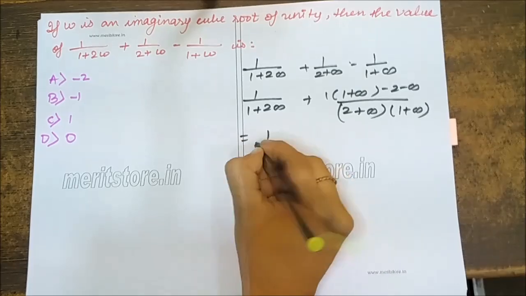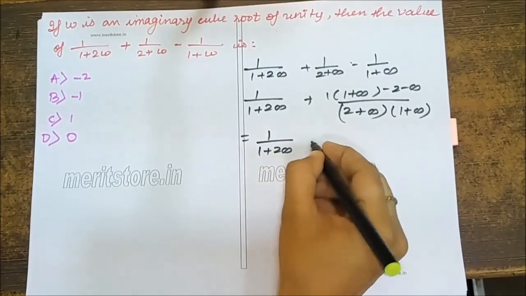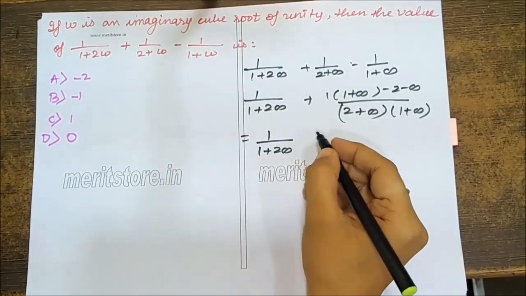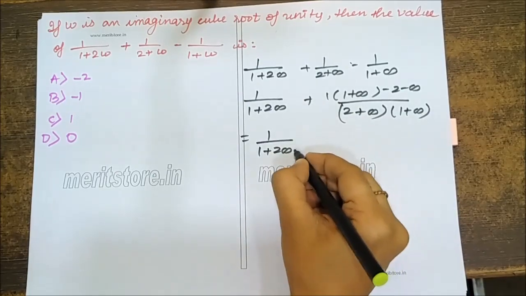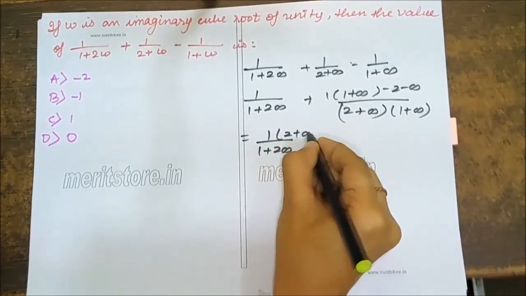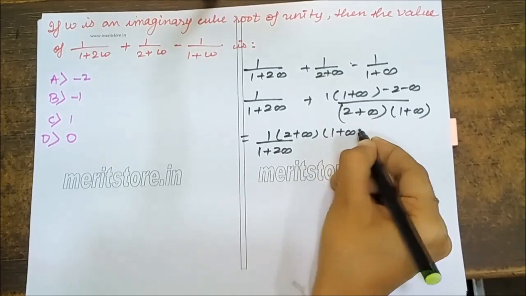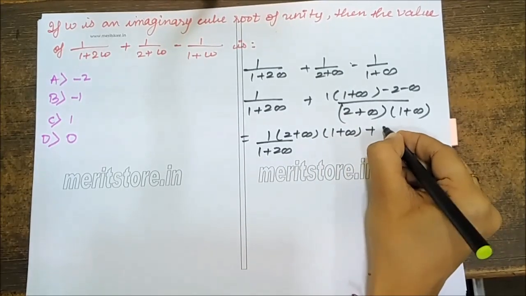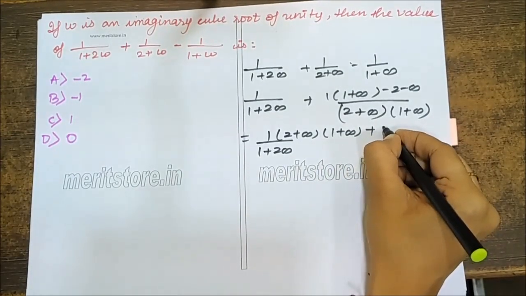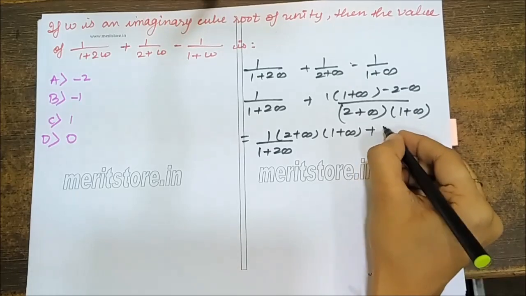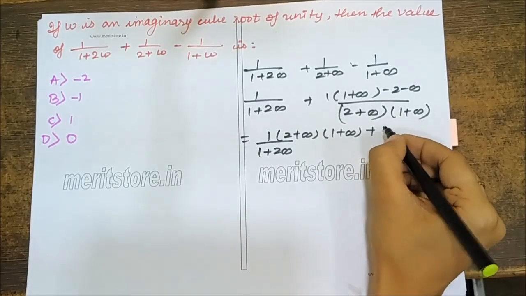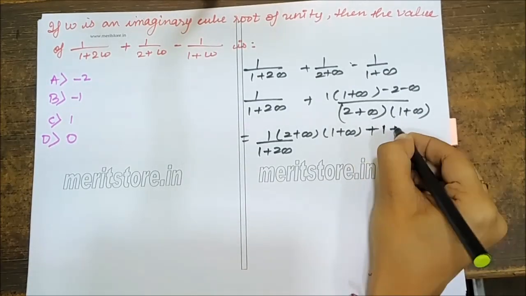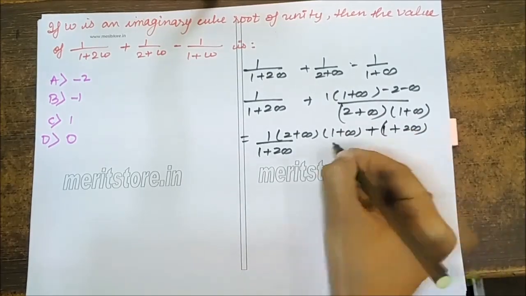So what you get is 1 upon (1 plus 2 omega). Basically you are taking the LCM. So here you multiply with (2 plus omega)(1 plus omega) plus minus 1 plus 2 omega.